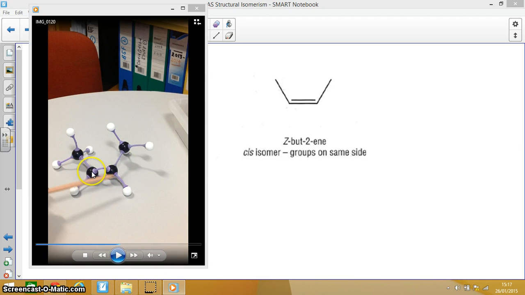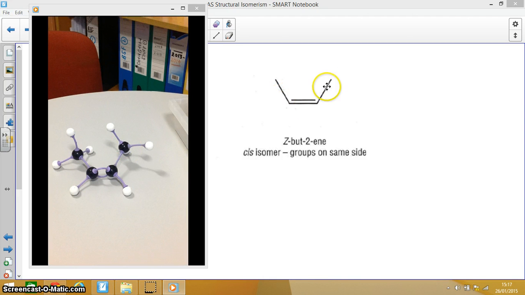But this time carbon 1 and carbon 4 are in the cis configuration. In other words, they're in that open U configuration that I described in the previous video. So this is Z-but-2-ene with carbon 1 and carbon 4 in the cis positions, as illustrated in this skeletal diagram.